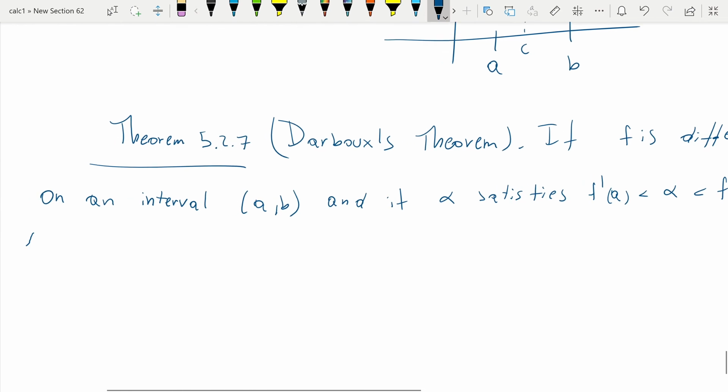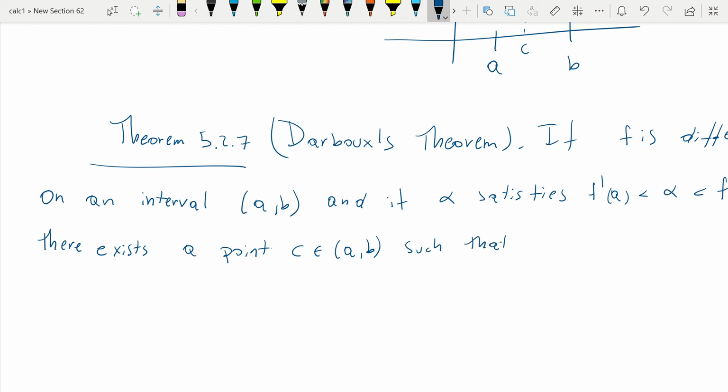Then there exists a point c in (a, b) such that f prime of c is equal to alpha.